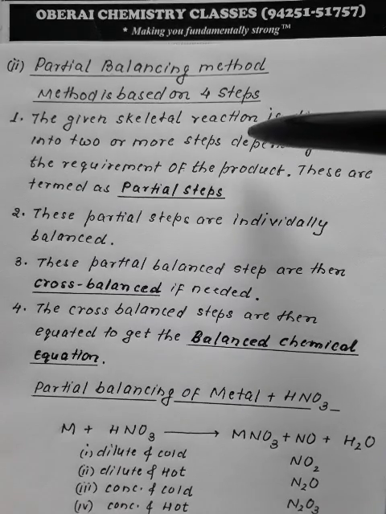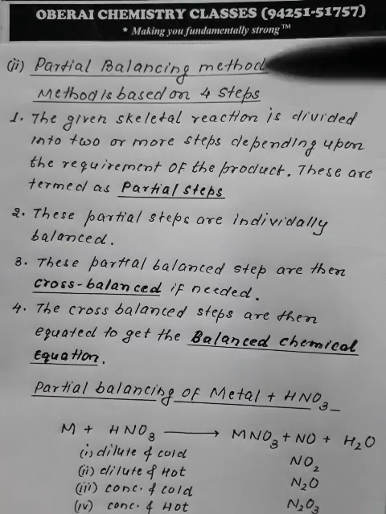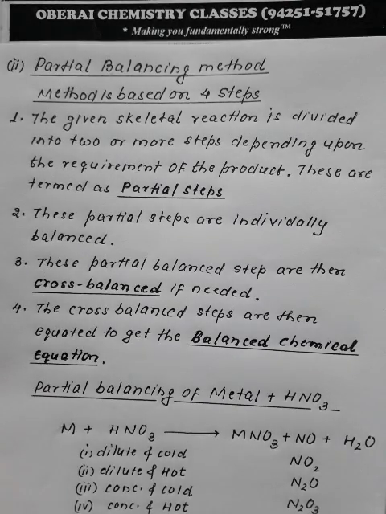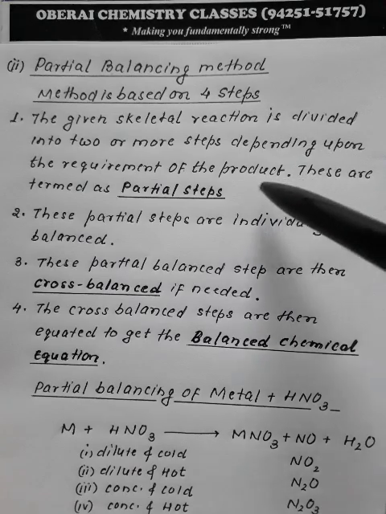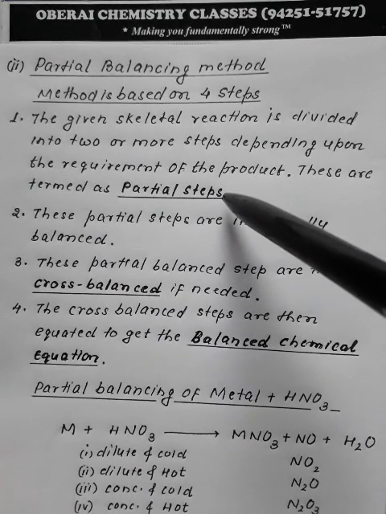First is the given skeletal reaction. The reaction provided to us is called the skeletal reaction. The given skeletal reaction is divided into two or more steps depending upon the requirement of the product. These are termed the partial steps.